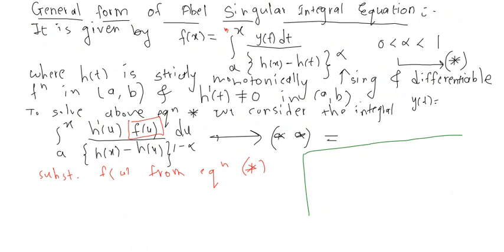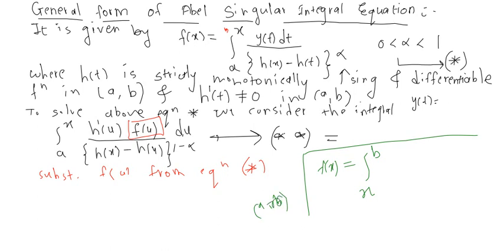That is, f of x can be equal to integral from x to b. Because we are integrating on the interval a to b, right? So what would be the next part? It can be x to b.